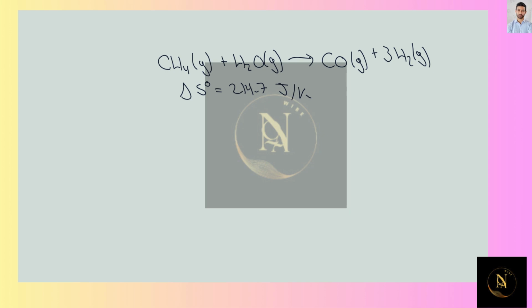So for the calculation of delta H, remember that delta H is equal to the sum of the delta H of formation of products minus the sum of the delta H of formation of reactants. And we need to multiply each of them by their stoichiometric coefficient.